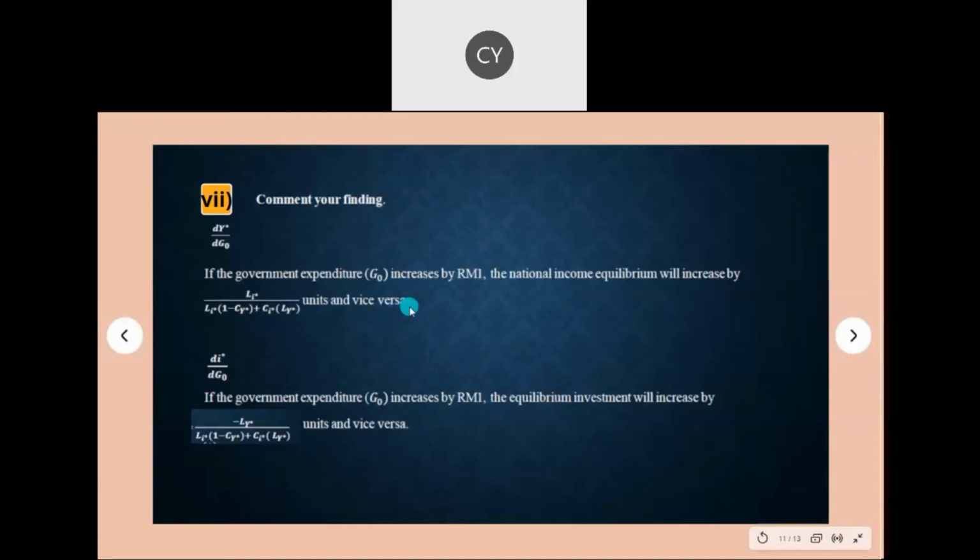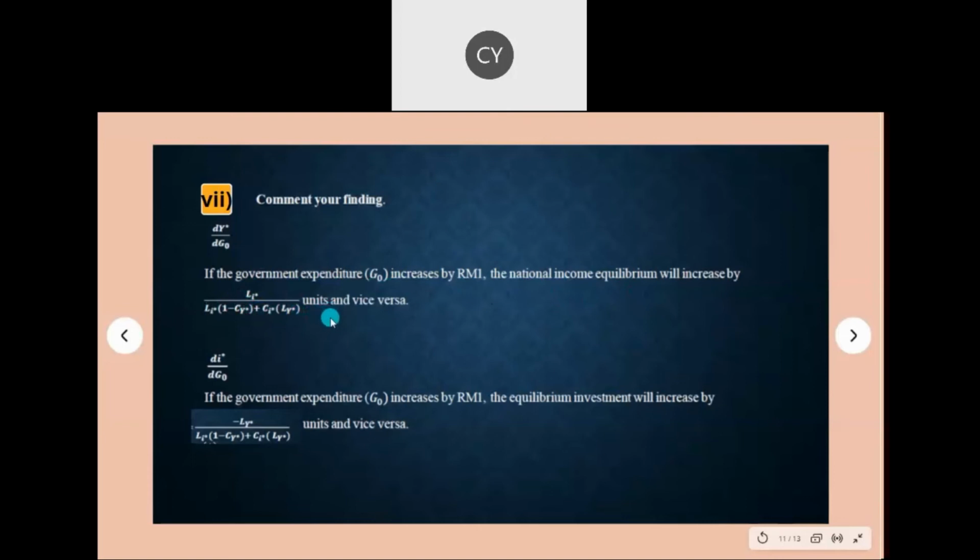It shows a positive relationship because when the government expenditure increases, the national income equilibrium will increase. Otherwise, if the government expenditure decreases, the national income equilibrium will decrease. And this unit we got from the previous question by using Cramer's rule to find the determinant J1 per determinant J.